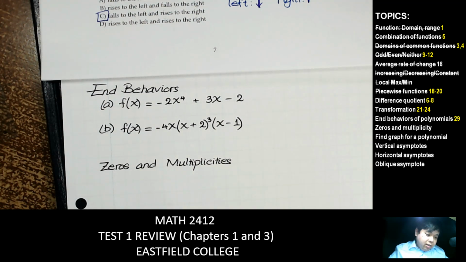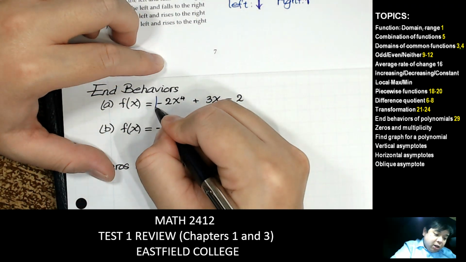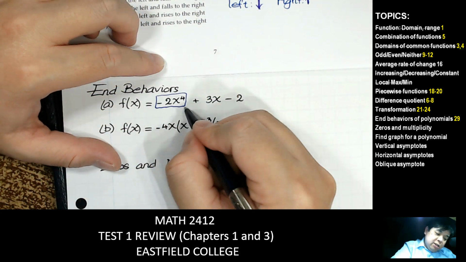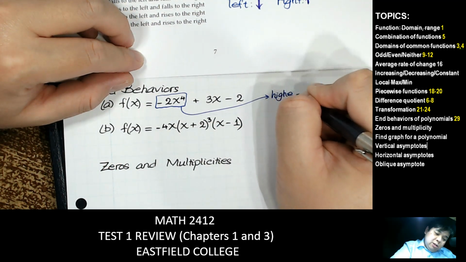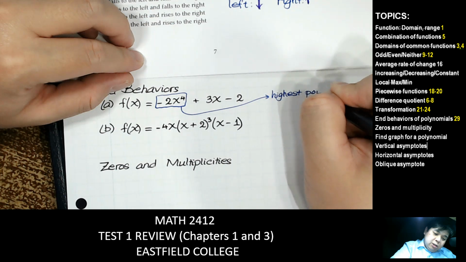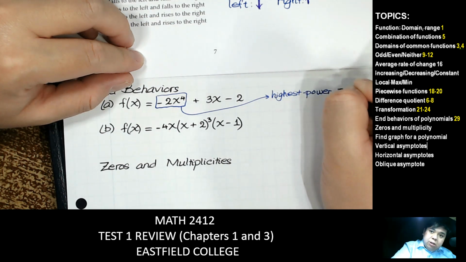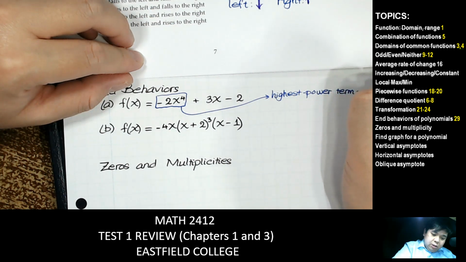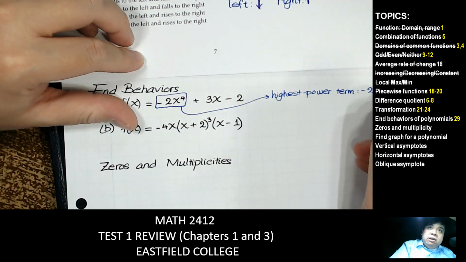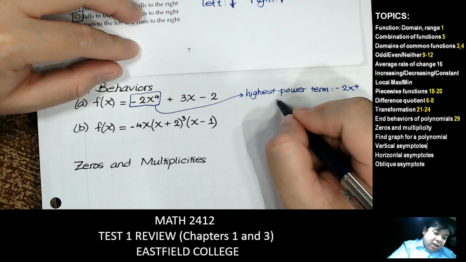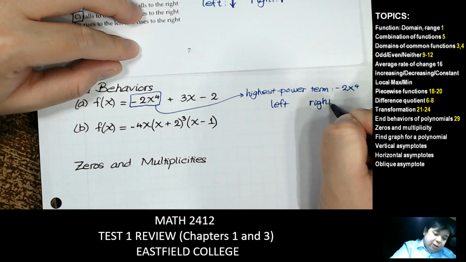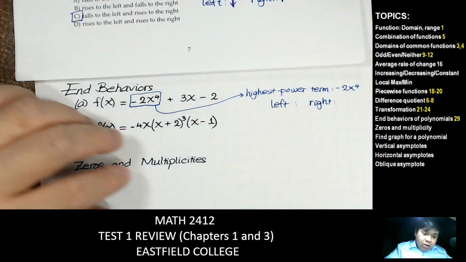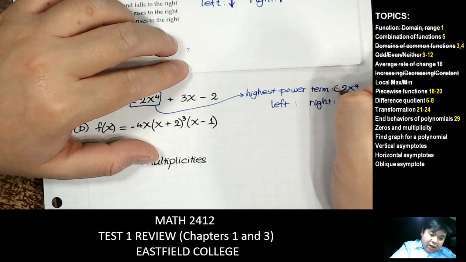So when we look at this, the highest power term is this. It is an even, so both of them will have the same behavior. So first thing we look at is negative.